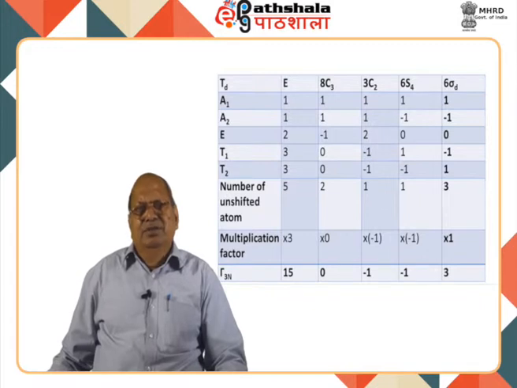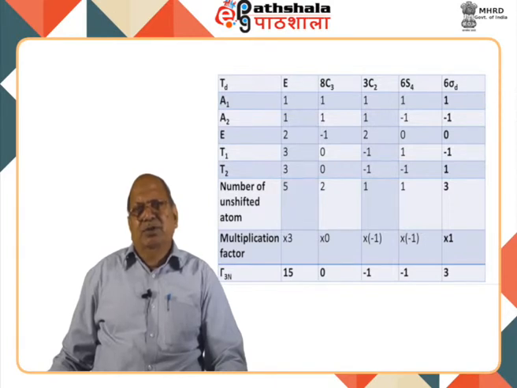These effects are summarized here. The numbers of unshifted atoms are given as 5, 2, 1, 1 and 3. That is, 5 atoms are unshifted when the symmetry operation E is carried out, and when the C3 operation is carried out, 2 atoms are unshifted.